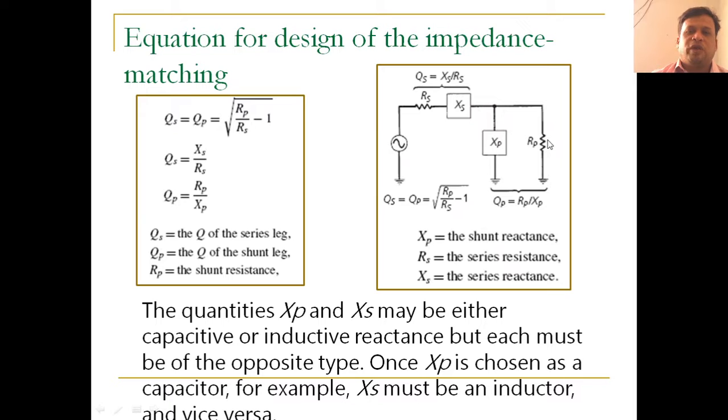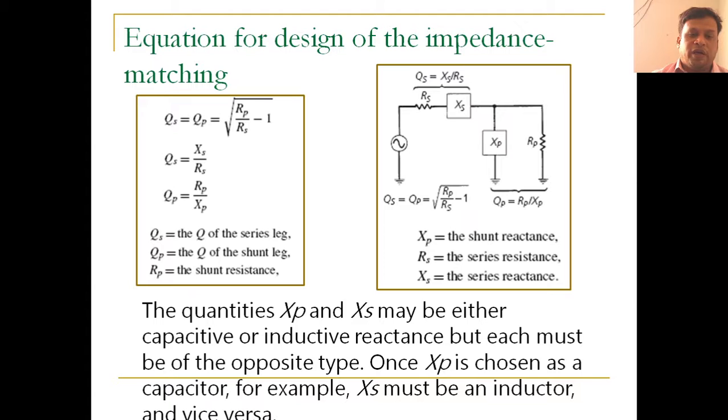Now Qs is equal to Xs by Rs. So here Rs is the series resistance, Xs is the series reactance, Rp is the shunt resistance and Xp is the shunt reactance.